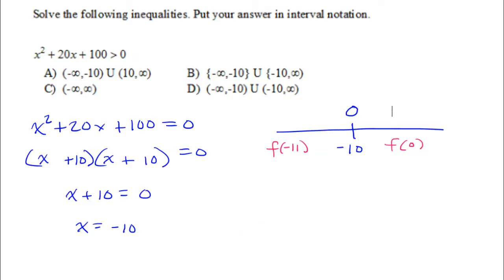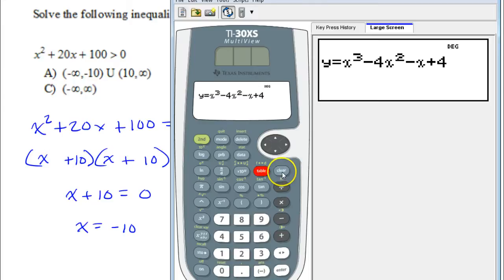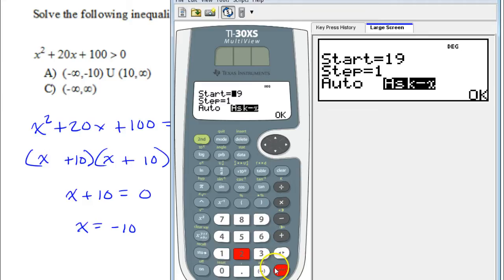And I'm going to use my TI-30XS multi-view. Alright, I will type this polynomial into the table feature. So that's going to be x squared plus 20x plus 100. It doesn't matter where it starts because I'm going to be using the ask feature.